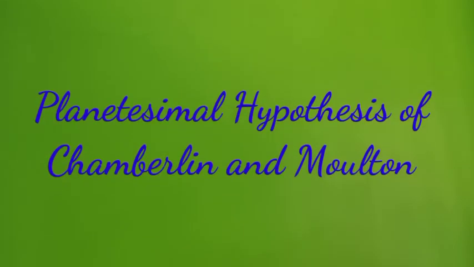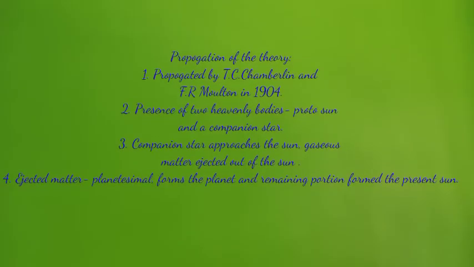The third theory to be discussed today is the planetesimal hypothesis of Chamberlain and Moulton. These were two persons, T.C. Chamberlain and F.R. Moulton, who together propounded this theory known as the planetesimal hypothesis in 1904. According to Chamberlain and Moulton, there existed a proto-sun.